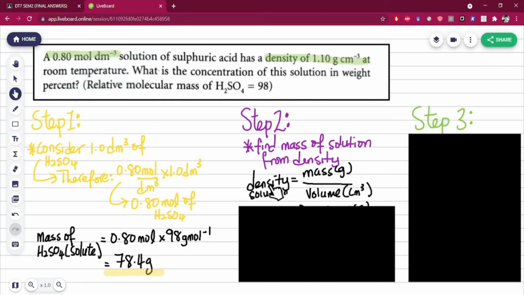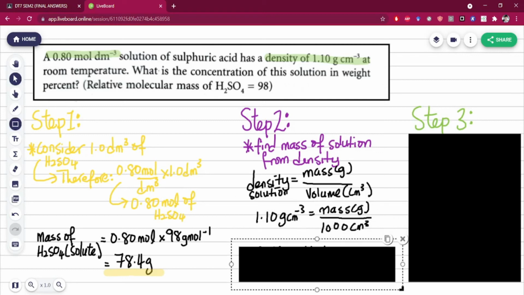And we need to know that the density of solution is defined as mass of solution over volume of solution. So if we can find the volume of the solution, we should be able to work out the mass over here.